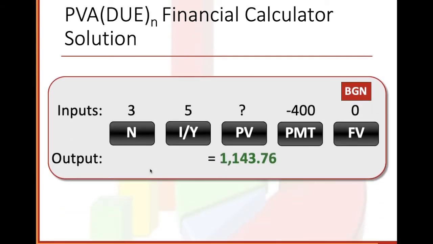Again, here's our calculator. N is 3, interest per year is 5%, present value is our question, that's what we're trying to solve for. Our payment is minus 400, begin 0, and future value 0, and then we'll get 1143.76.